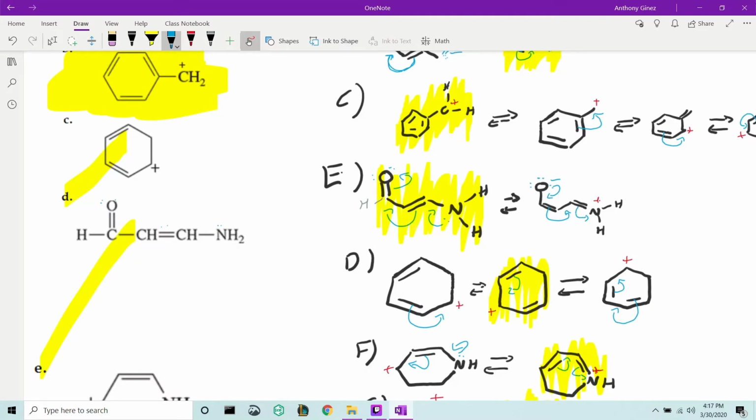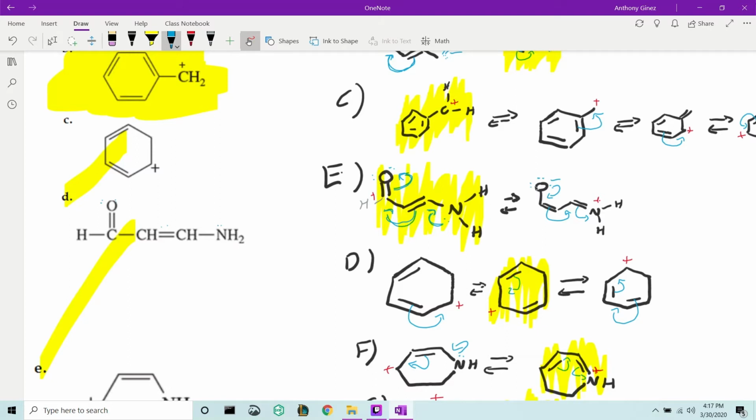So what do I see here? We can see the electrons can flow into this oxygen, and the electrons can flow into the partial positive charge here on this carbonyl, this aldehyde species, and this lone pair can also donate its electrons into this double bond.